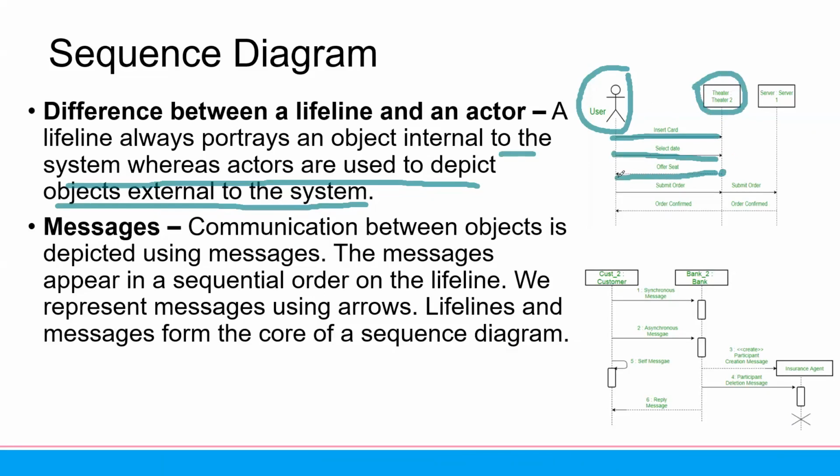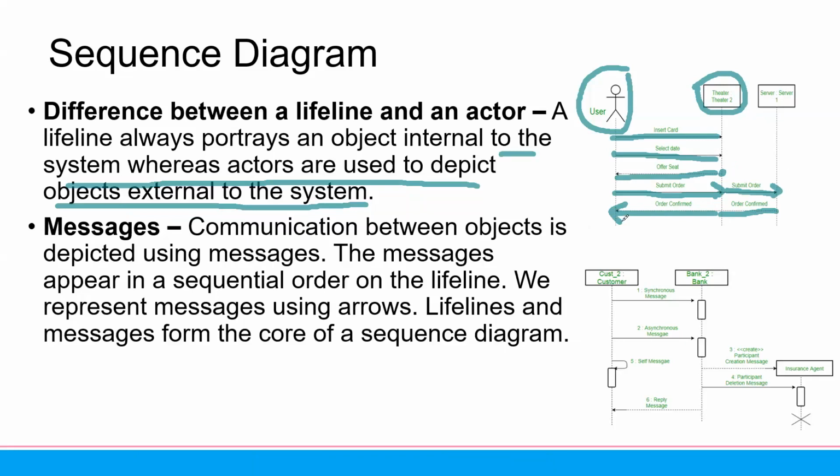So what kind of seat? Where is the position, the seat that is still available? And then after the user knows that, okay, I want to buy 2 seats, for example, the user will submit the order, and this lifeline will submit the order to the server. After the submission to the server, it will return the confirmation, and then it will show to the user that the submission has been received.